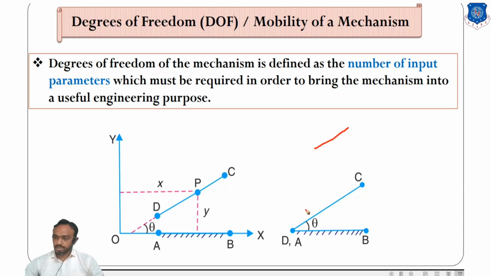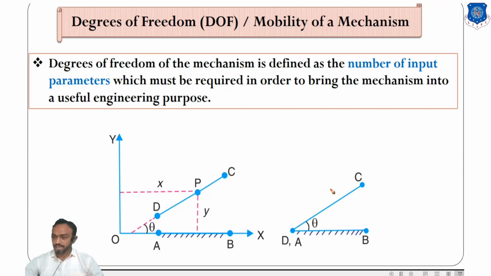But what if it is connected to another fixed link? Like DC is connected to fixed link AB. Now it can't move in the X direction or Y direction. So 2 degrees of freedom are removed and it becomes degree of freedom 1.